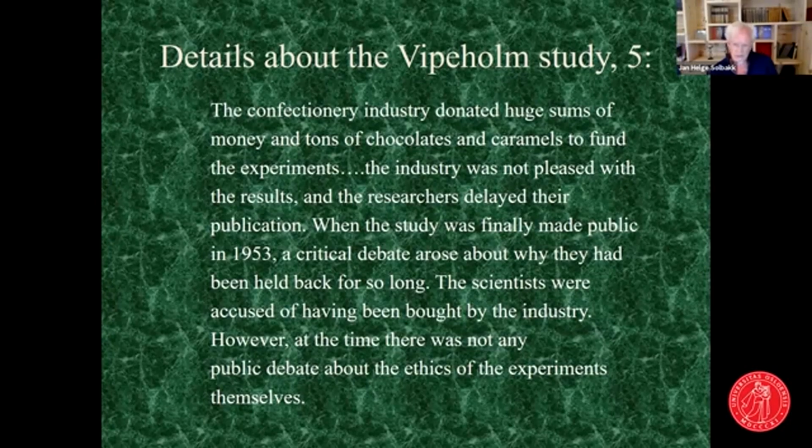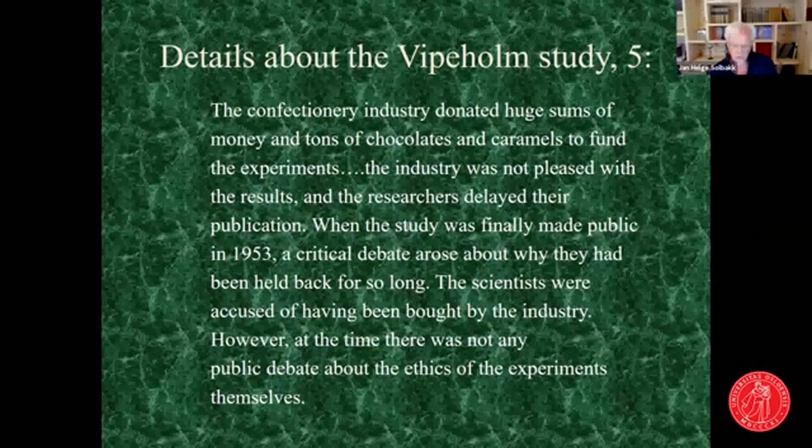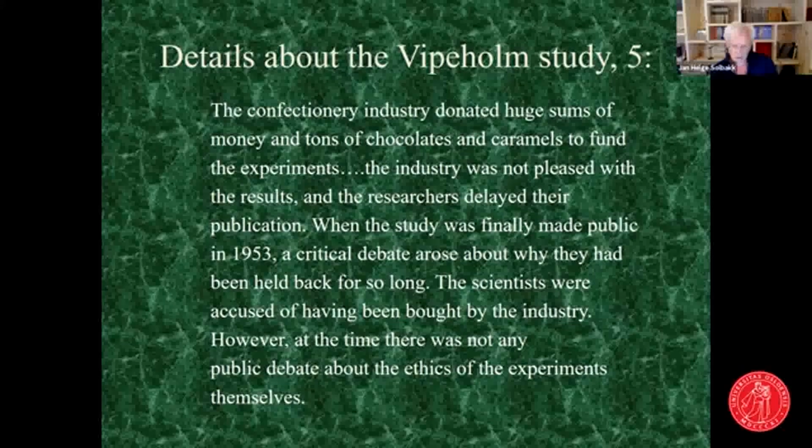So scientifically speaking, it was a very important study. So the scientific objective was realized. But the way the study was conducted violated all ethical rules of play of doing research.